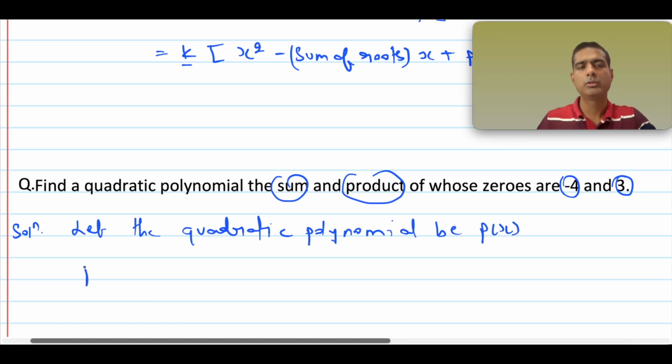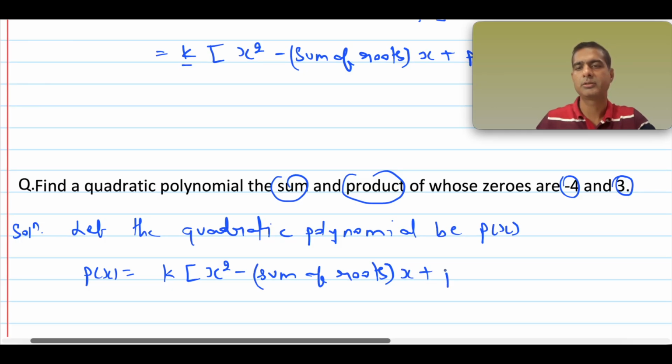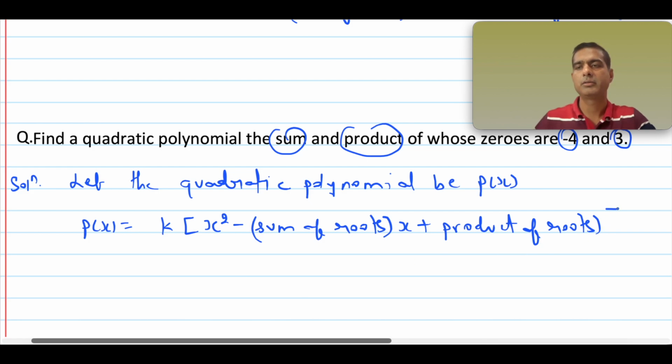So we can write p of x as k times (x square minus sum of roots times x plus product of roots), and the bracket is closed. So here, k times x square minus sum of the roots. It's already given, sum of the roots is -4.